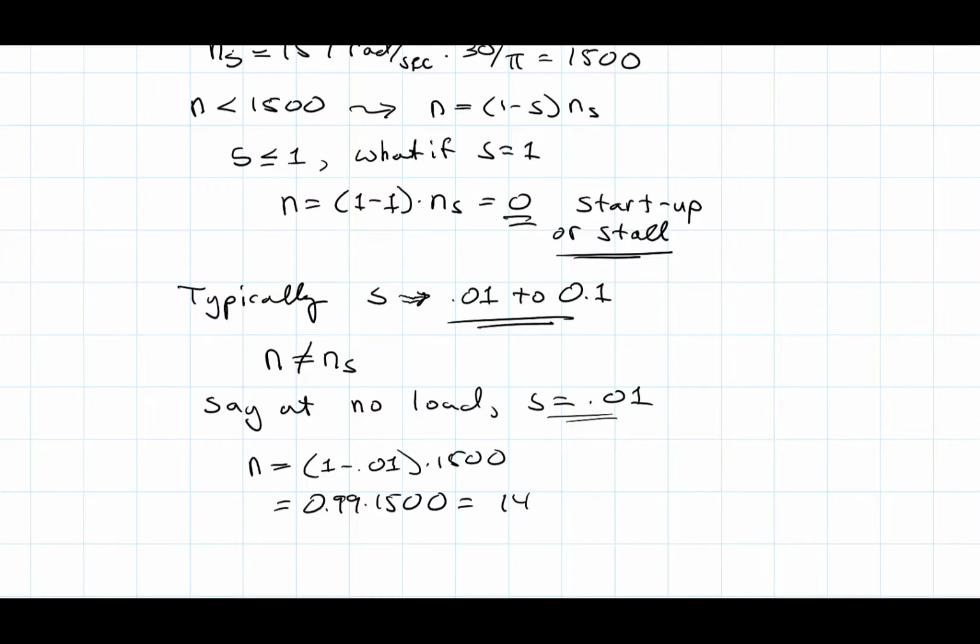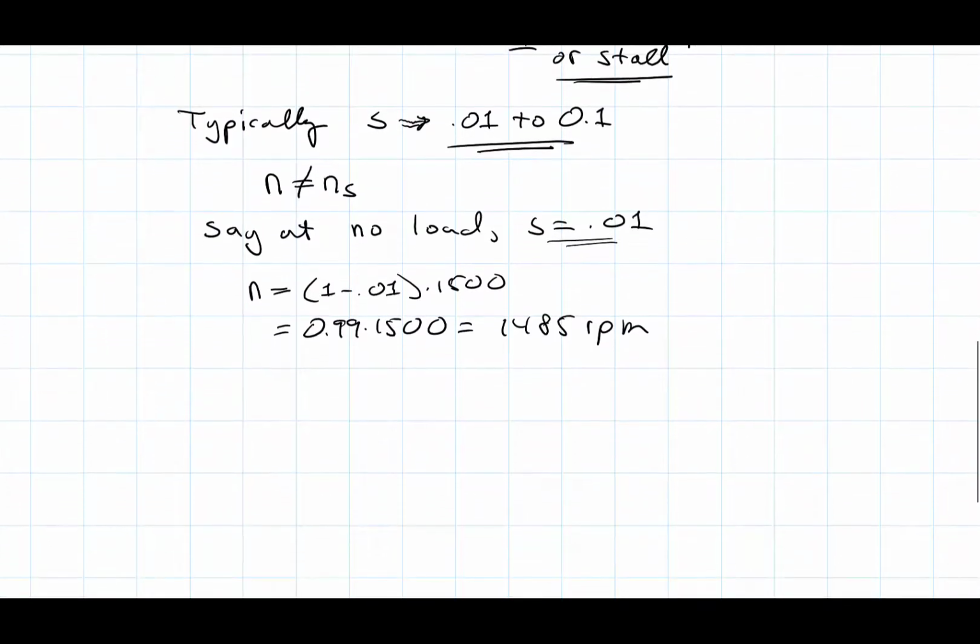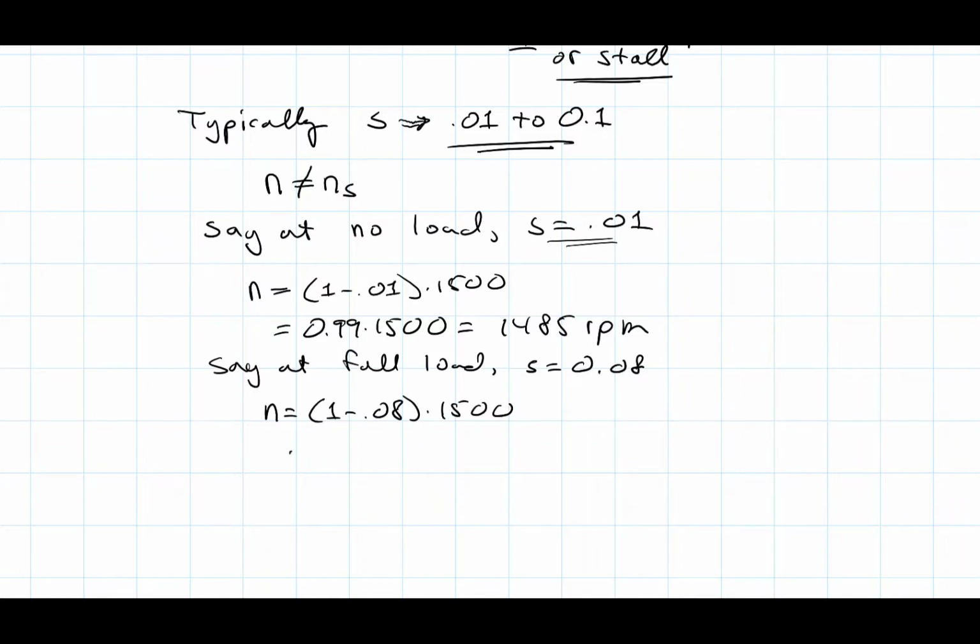So that's at 1485 RPM. Let's say at full load, slip is 0.08. Then N would be 1 minus 0.08 times 1500.